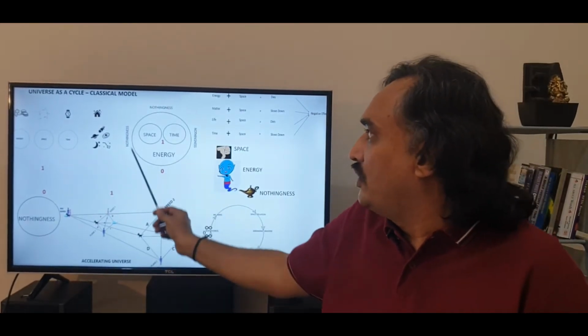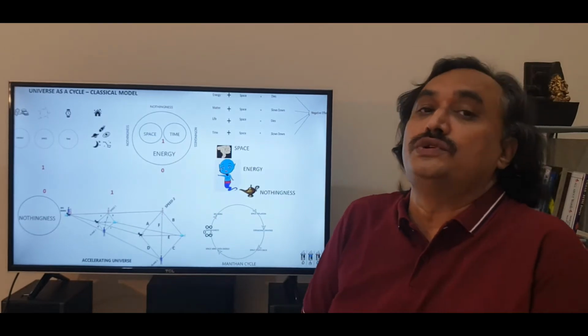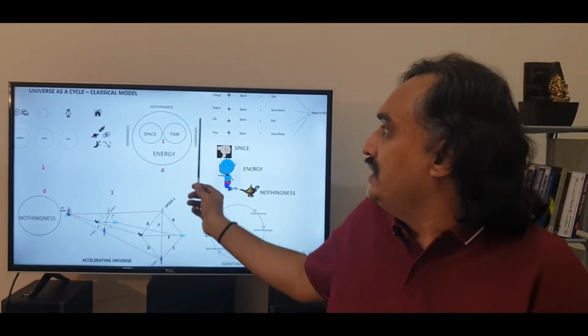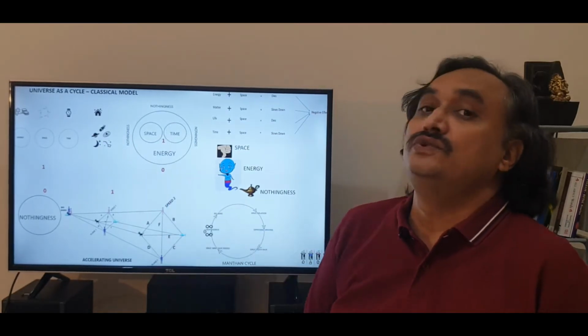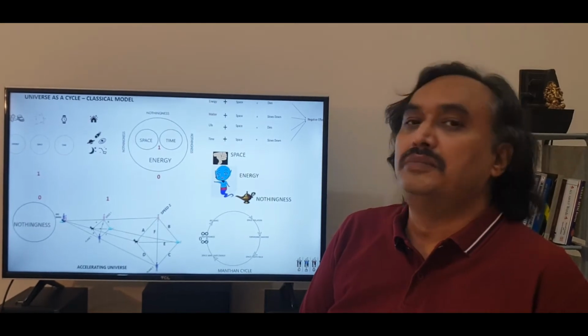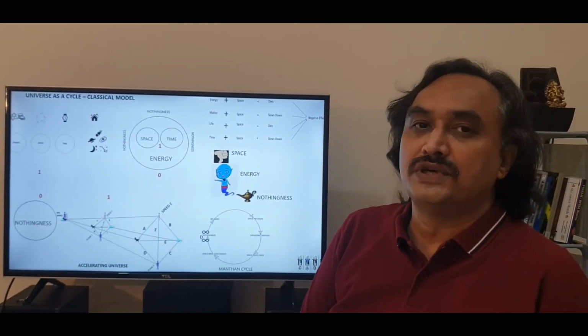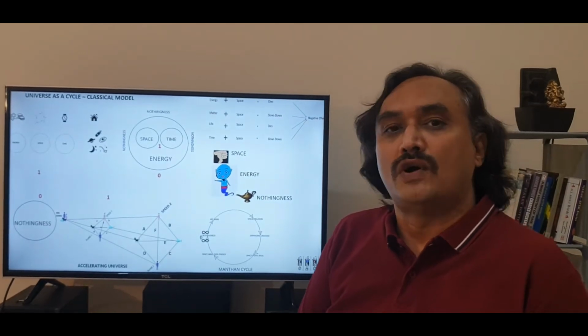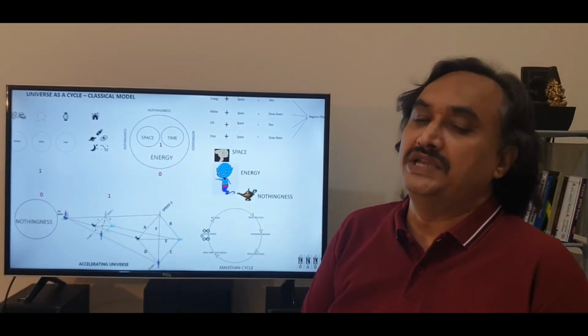Now, this is what we call the basic constituent model of our model of universe. And we need to see whether this universe is growing or ebbing. So it was seen by Hubble during 1920 when he observed the celestial bodies in the night sky. He observed that almost all the galaxies were moving away from each other.